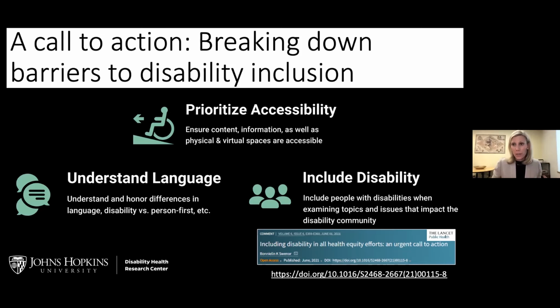What I'm showing on this slide is a link to a Lancet Public Health commentary that I recently wrote, related to that: including disability in all health equity efforts, an urgent call to action. So it's really about the urgent need to include people with disabilities and to include disability in our efforts as scientists, in our work, in advancing health equity.